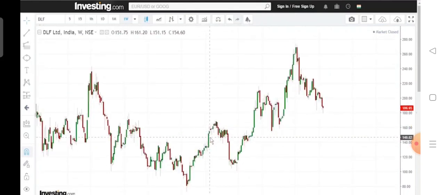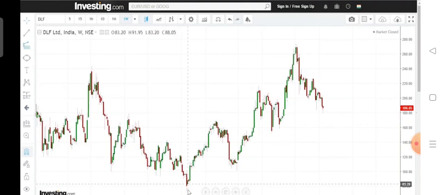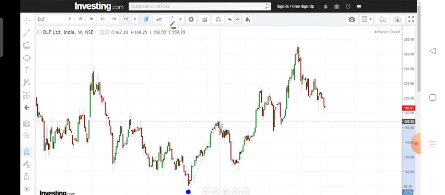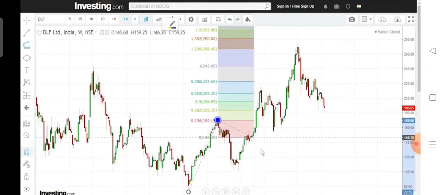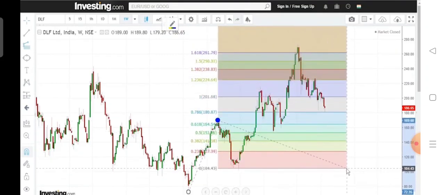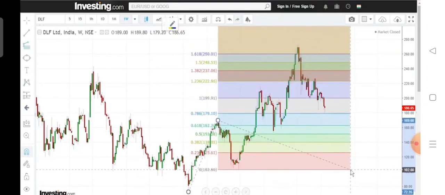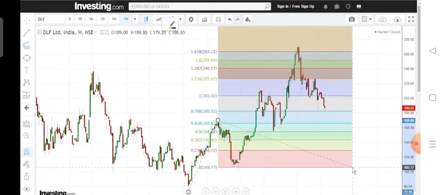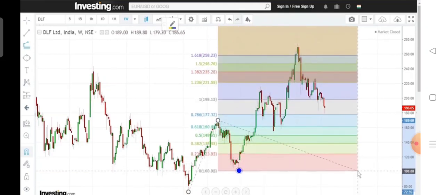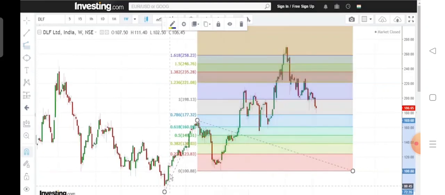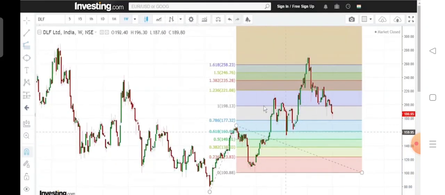Again in the DLF, let me draw the extension first. This was a very important move, and then there was a correction. From this point I extend. As we can see here, initially the 100% was breached, and then there was a correction, and then the market moved higher.